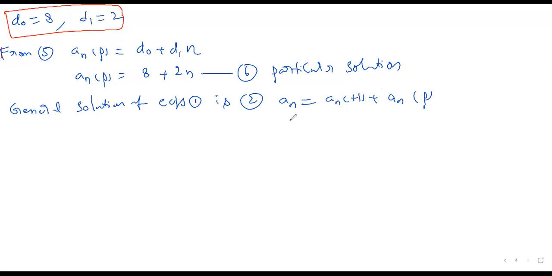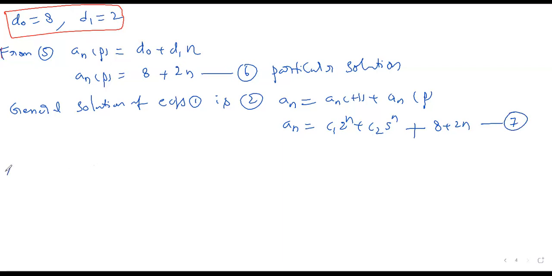What is a_n^(h)? C1 2 power n plus C2 5 power n. This is the general solution of the homogeneous part. The particular solution is equation 6, 8 plus 2n. This is the general solution, denoted by 7.